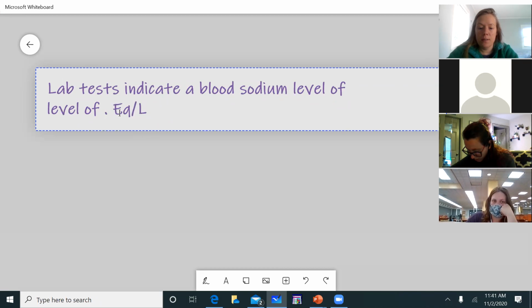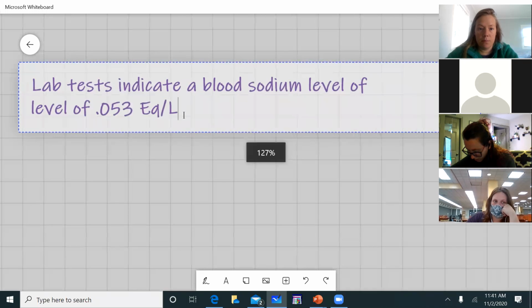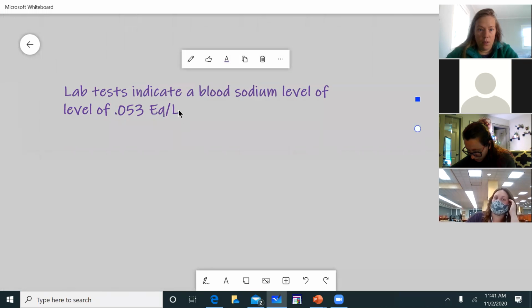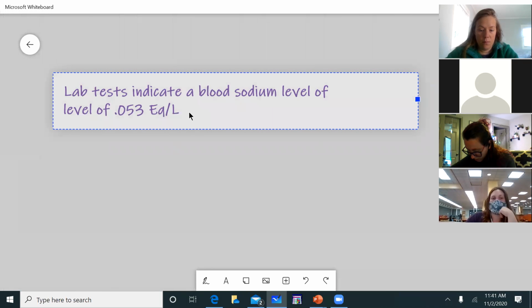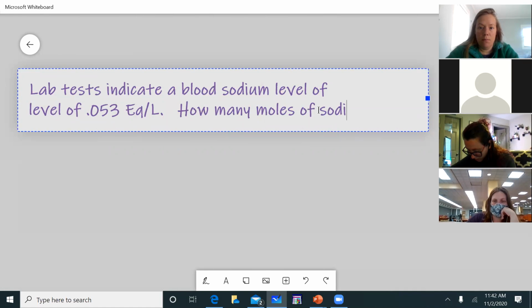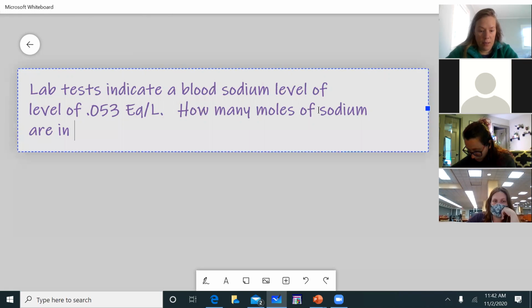Let's go with 0.053 equivalents per liter. How many moles of sodium are in 350 milliliters of blood?